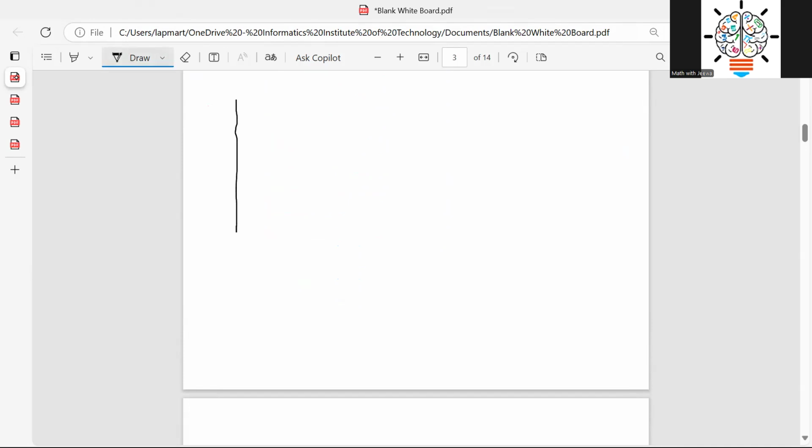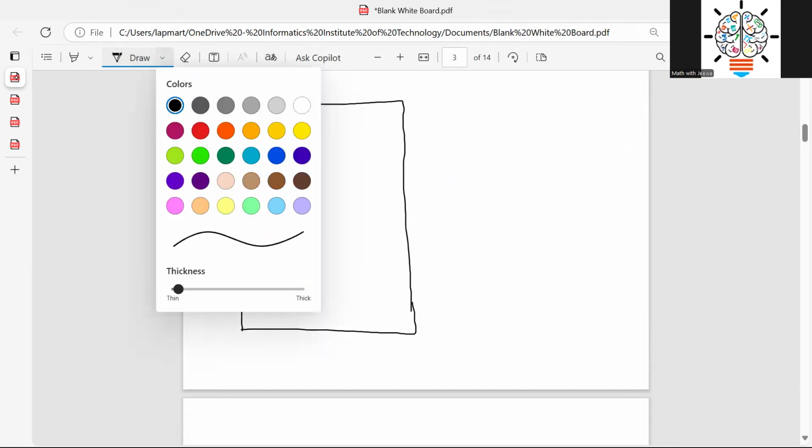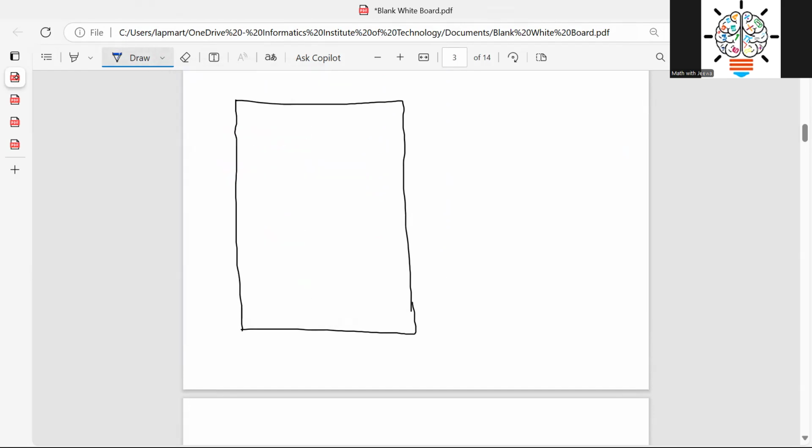So this is your next page. On the next page, you know how to use it, as I explained in the previous video. You write the date. That was August 1st, and this is August 4th, 2025.